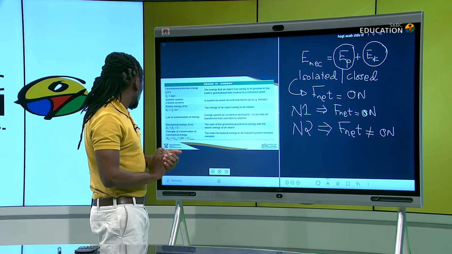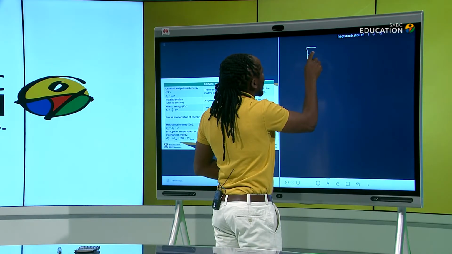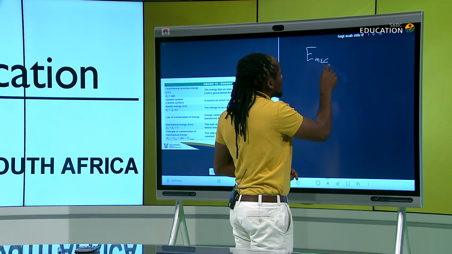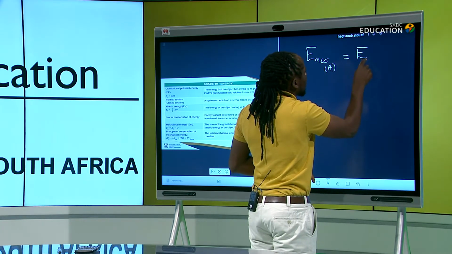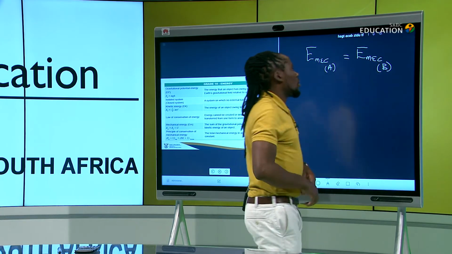Right. We also looked at the different laws as far as mechanical energy is concerned. We said E mech, between any 2 points, this was in grade 10, in a closed system, between point A and point B. Now, what do we mean?